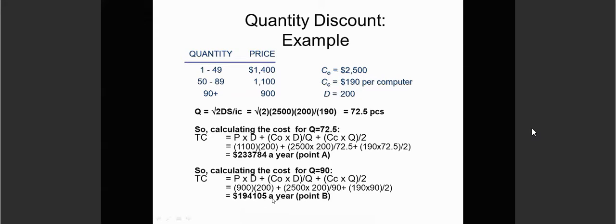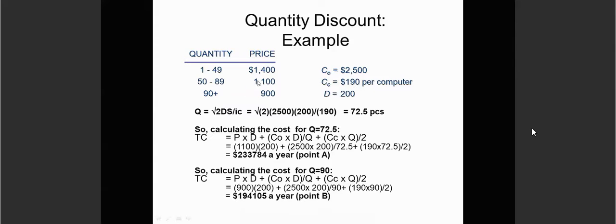So we have point B here with the lowest total cost compared to the order quantity of 72.5 units at point A. So to conclude, we choose an order quantity of 90 units, which provides the lowest total cost compared to point A with the order quantity of 72.5.